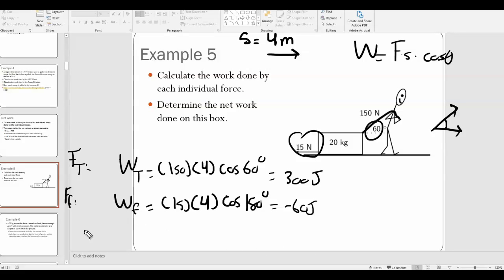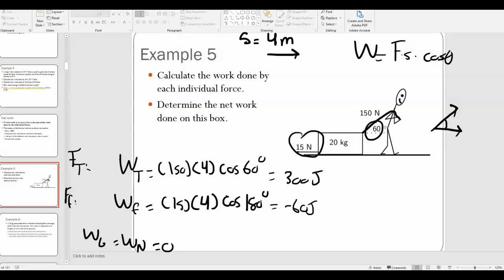Now, I can tell you right now that Wg and Wn are both equal to 0 because both of those forces are going to be perpendicular to the displacement. If the box is moving to the right, Fg is down, Fn is up.